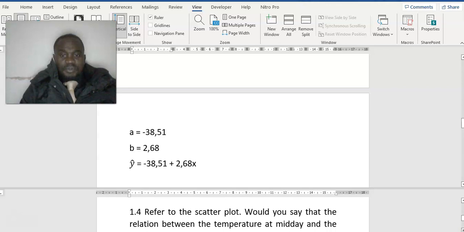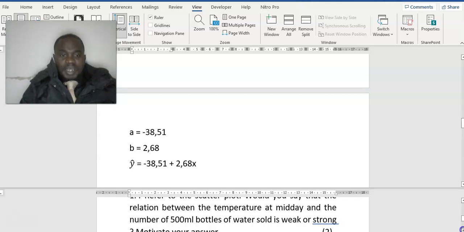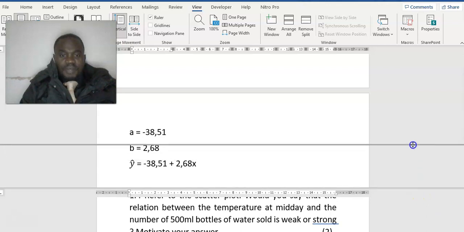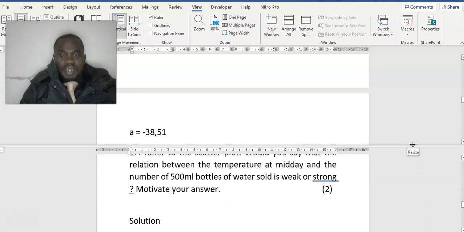refer to the scatter plot. Would you say that the relation between the temperature at midday and the number of 500 milliliter bottles of water is weak or strong? Motivate your answer. Normally, to determine whether it's weak or strong, we use what we call the correlation coefficient.